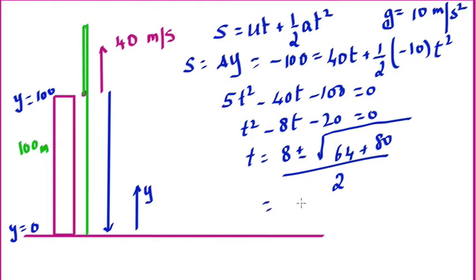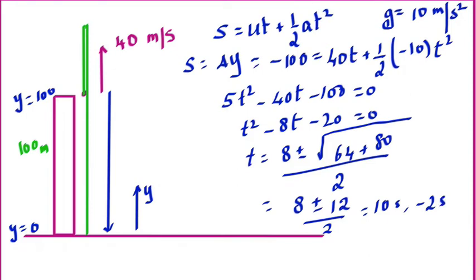That gives me 8 plus or minus square root of 144, very convenient, that is 12, the whole thing divided by 2. So we have two answers. 8 plus 12 is 20. 20 divided by 2 is 10 seconds. And the other answer is 8 minus 12 is negative 4, divided by 2, minus 2 seconds.